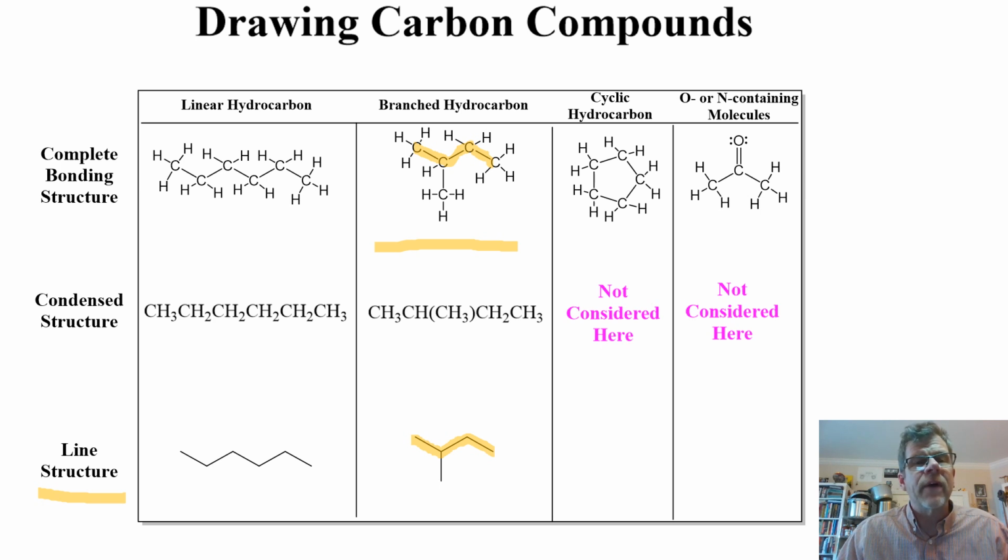And look at the complete bonding structure: that whole branch is given just as this one line coming off of it in the line structure. That's much easier. And as we practice these, we're going to hold that implication closer and closer so it becomes part of our lexicon.